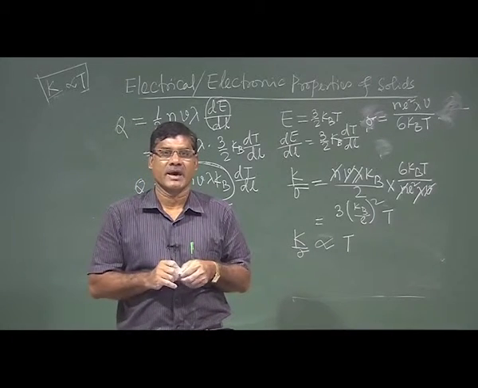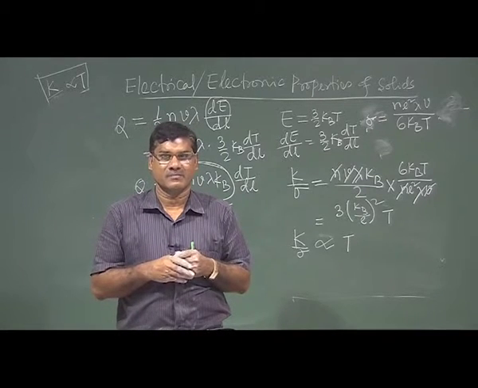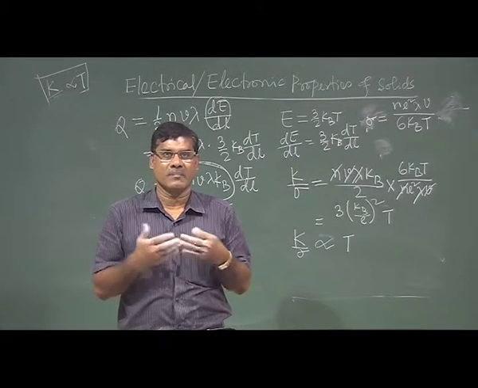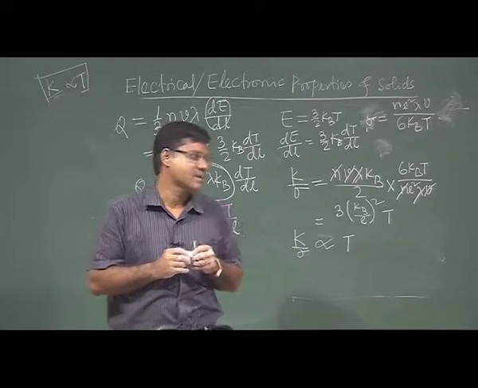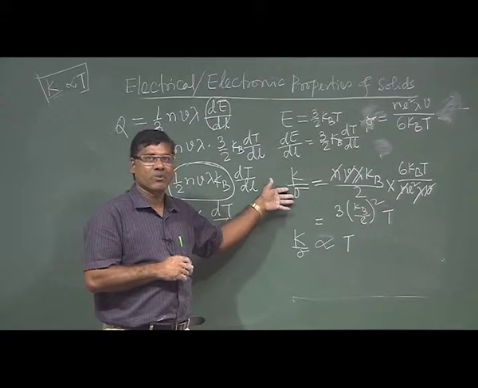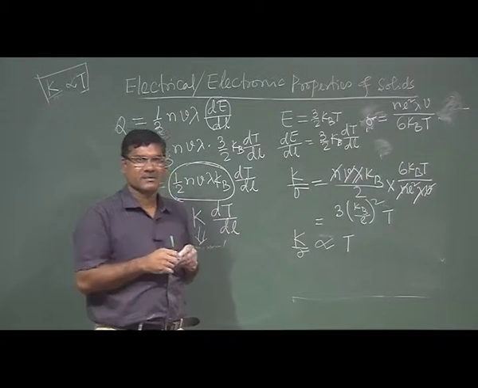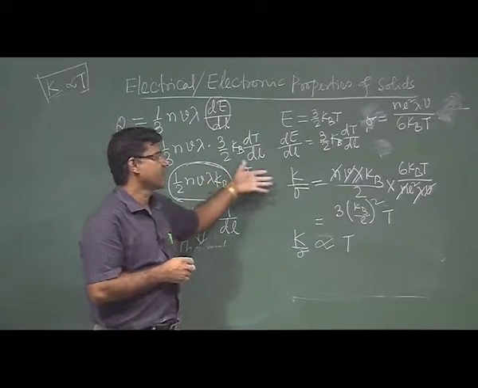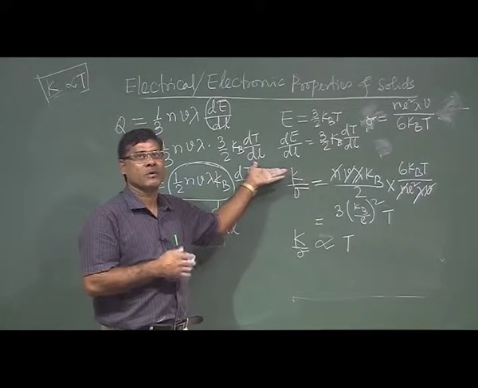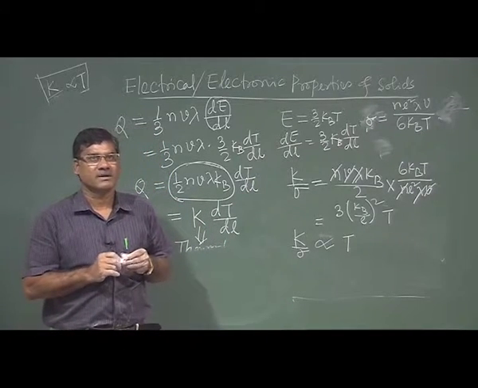One has to use Fermi-Dirac statistics instead of Maxwell-Boltzmann statistics. So, we have to go further to get the correct picture of metal for explaining the electrical or electronic properties of solids.